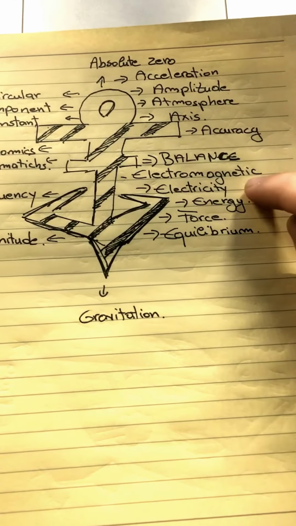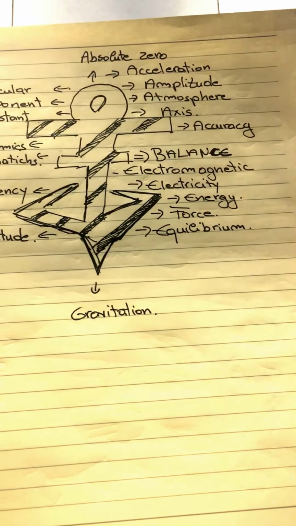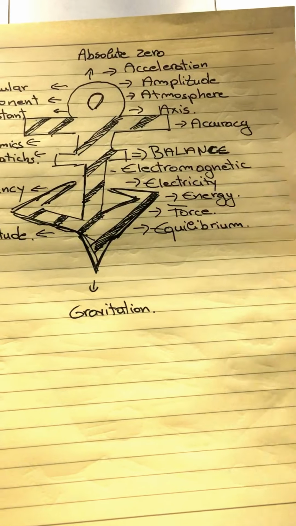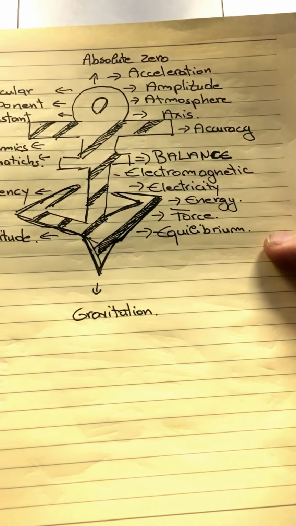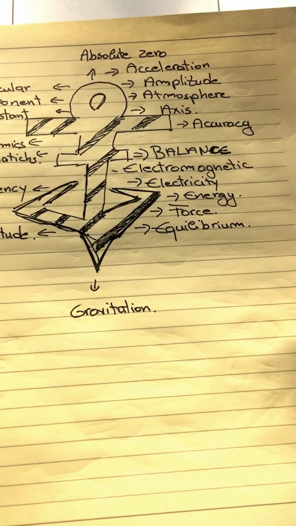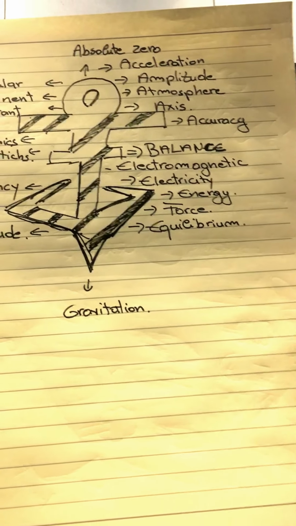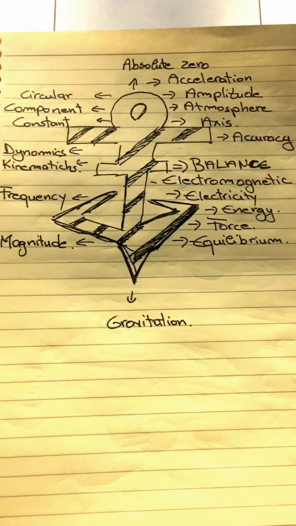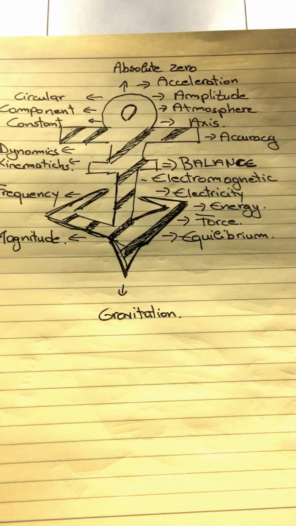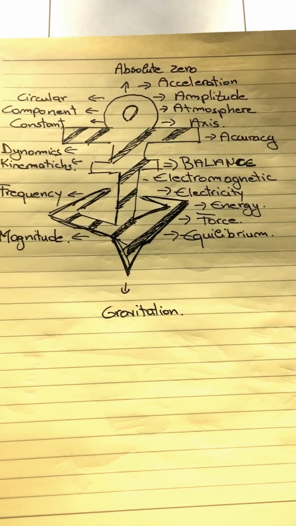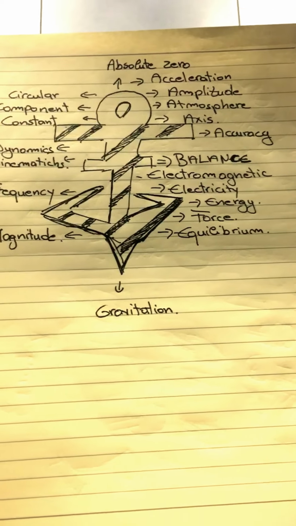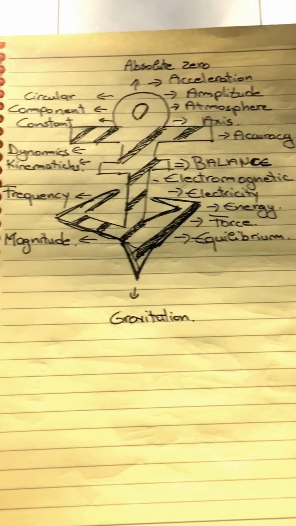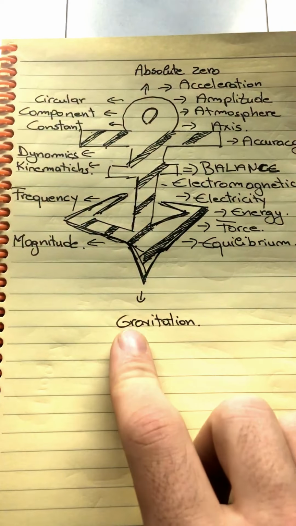I went to electromagnetic, electricity, energy, force, equilibrium. There are three components that you can put everywhere on your object, regarding physics, because you can put force from the bottom of the object or from the top of the object. It doesn't really matter. You can go to gravitation.